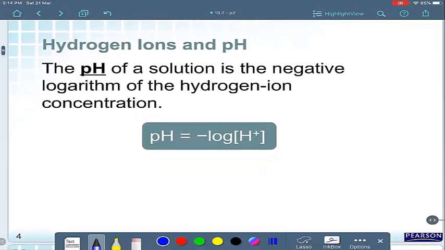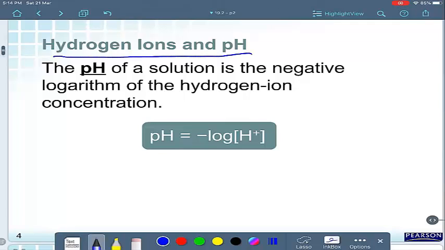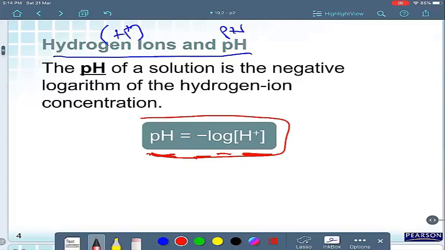We have a rule to calculate the pH, which relates hydrogen ion and pH. What is the relationship between hydrogen ion, H positive concentration, and pH? Look, pH equals the negative logarithm of the concentration of hydrogen ion. That's it, so easy a rule.